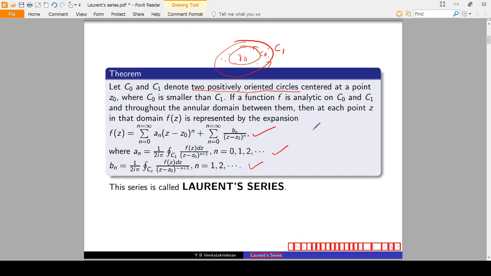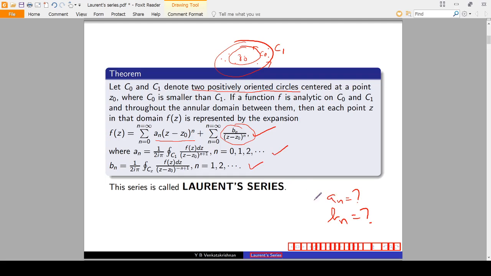Usually in the Taylor series, what we did was we calculated an. Here you have two types of constants, an and bn, where an is the coefficient of z minus z naught whole power n when n is positive, and bn is the coefficient of z minus z naught whole power n when n is negative, and both an and bn are given using these contour integrals.